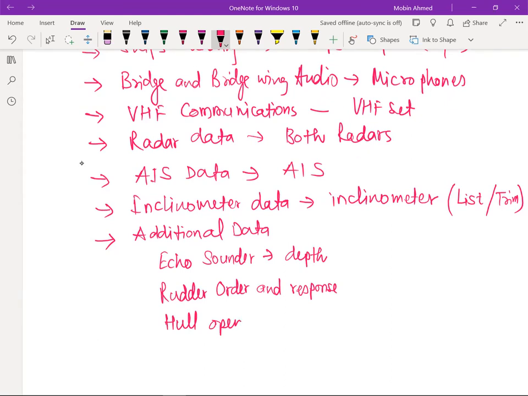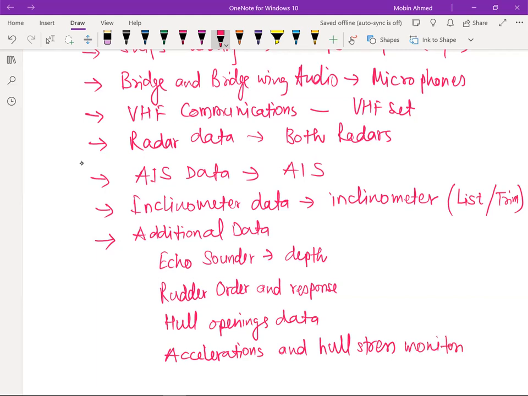Hull opening data, acceleration, and hull stress monitoring systems. So from here, these two data will come about the hull stress and acceleration.